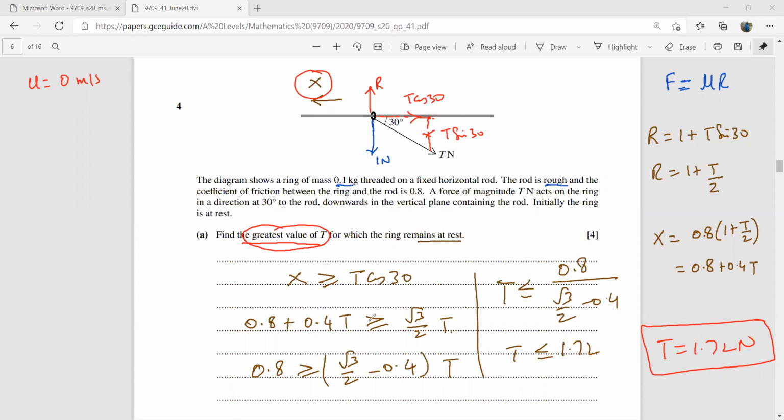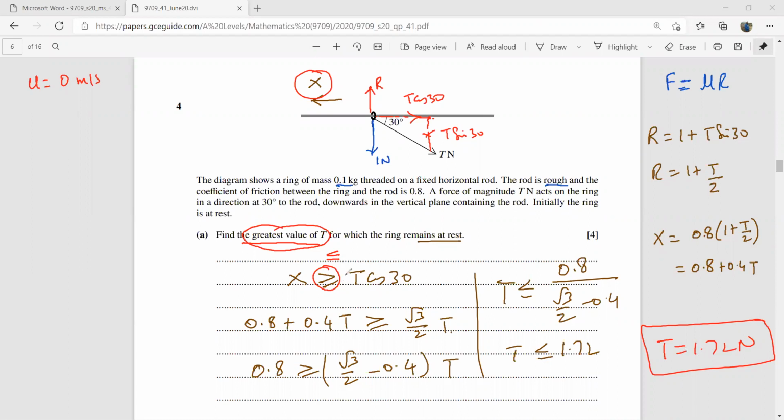And for example, if the question was what is the minimum force required so that this starts moving, then you could have reversed this sign, because now you would want this component to overtake this resisting force so that this starts moving, and that would also be the same 1.72.